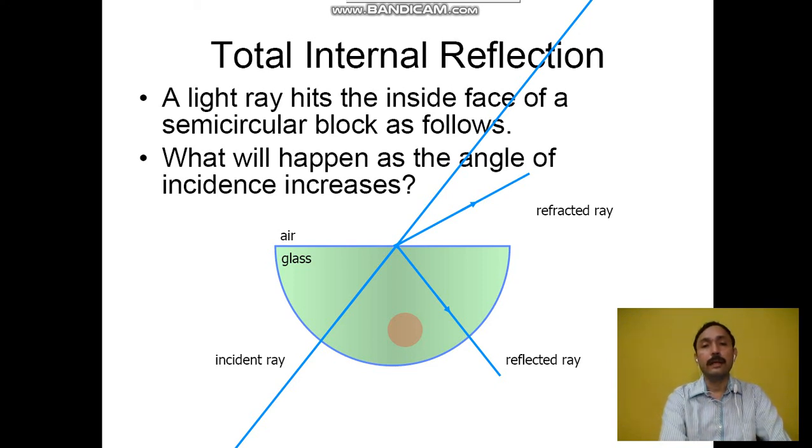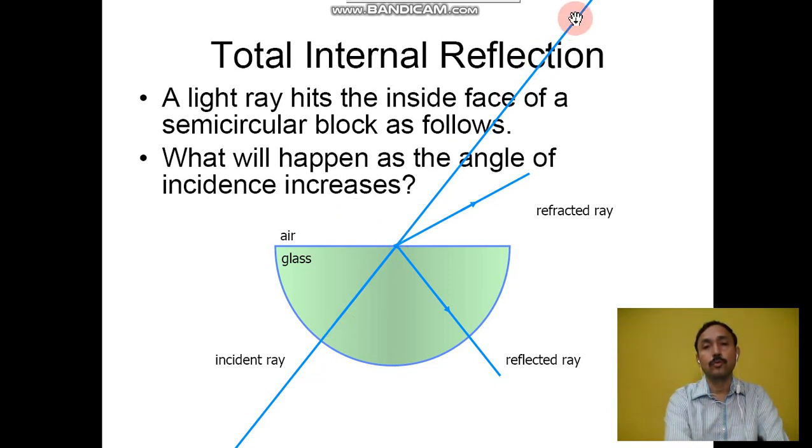A light ray hits the inside face of a semicircular block as follows. What will happen as the angle of incidence increases? This is glass, and outside is air. This is the incidence ray.